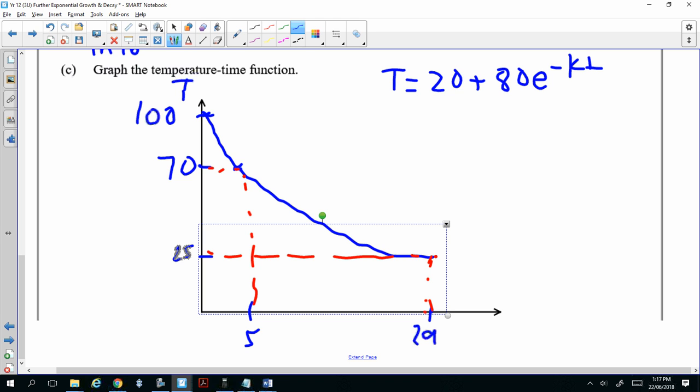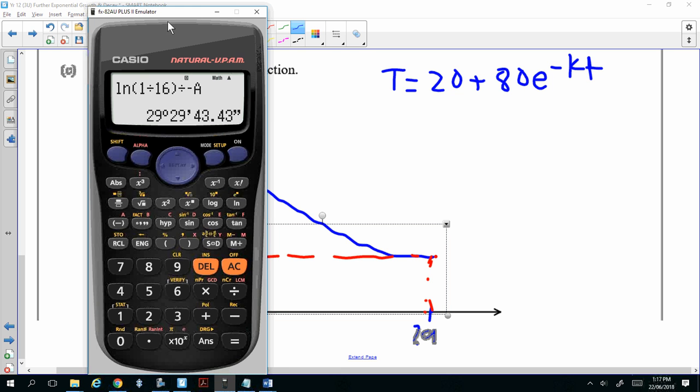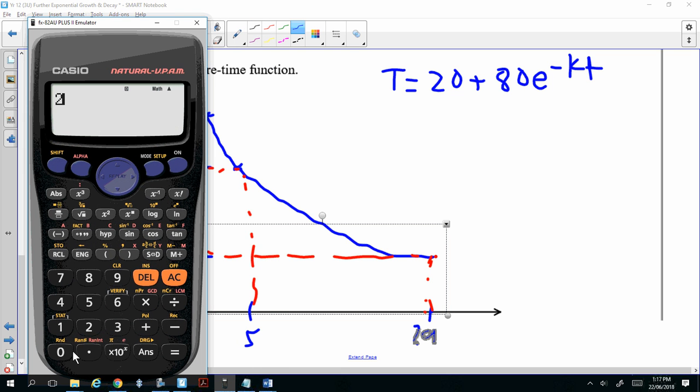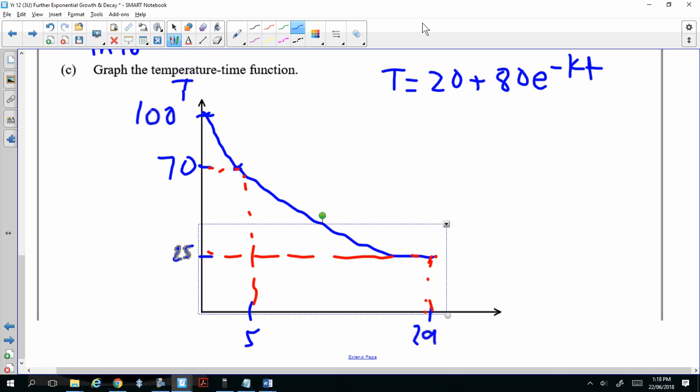So going back to here, we can write 20 plus 80, and then times the exponential, negative a. We can substitute a big value, after 100 minutes, after 1,000 minutes, it becomes 20, okay? So when t goes to infinity, the temperature approaches 20 degrees, so there's an asymptote.